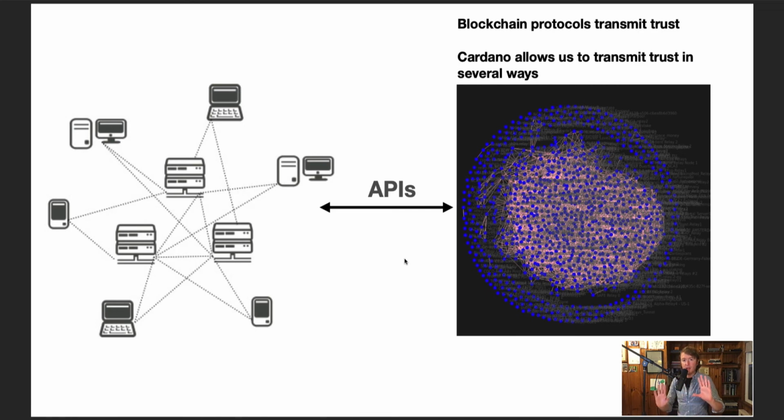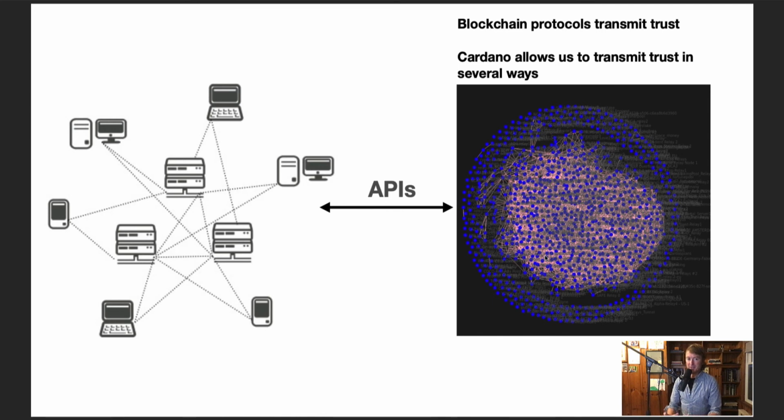But let's abstract it just a little bit. What a blockchain really is, is a protocol for transmitting trust. Just like HTTP is a protocol for transmitting data and information, a blockchain can transmit trust.